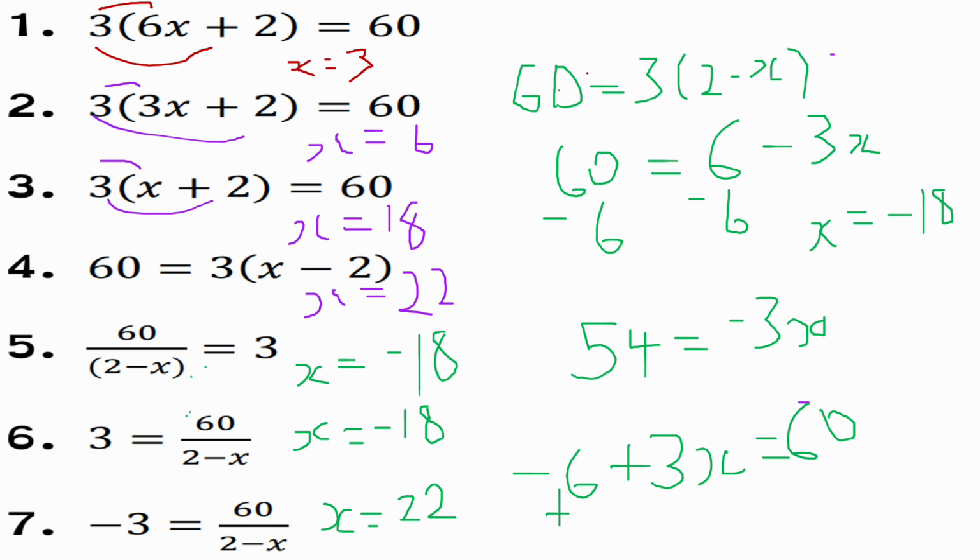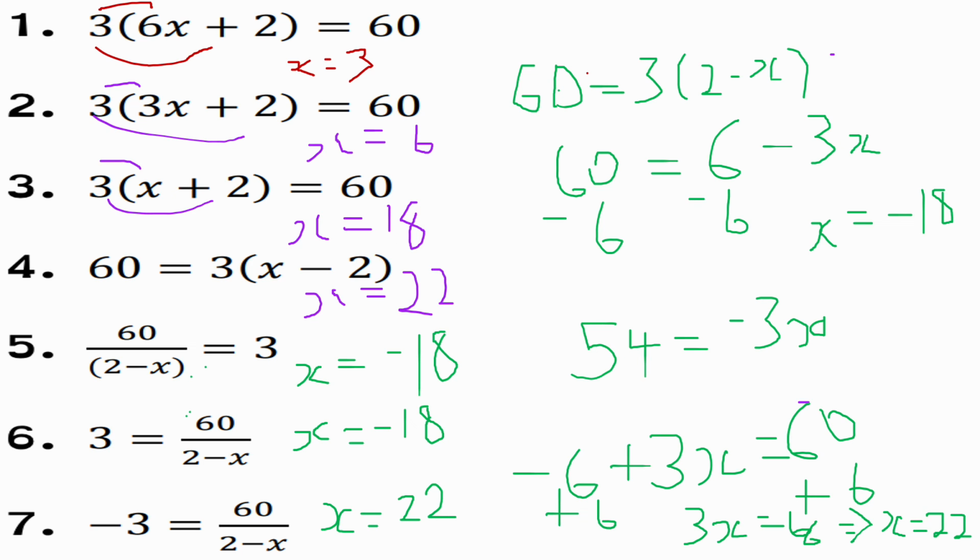So if we're unsure, I'll plus the 6 and then divide it by 3. 3x is equal to 66, and then x is equal to 22. By solving that, dividing both sides by 3, x is equal to 22.